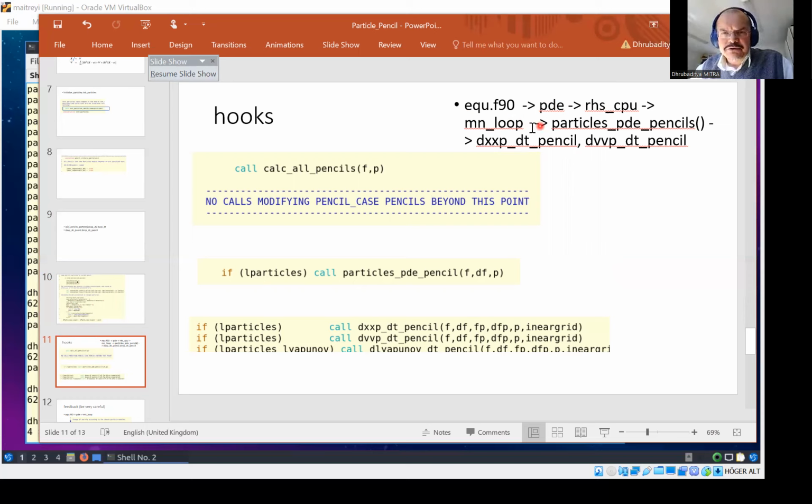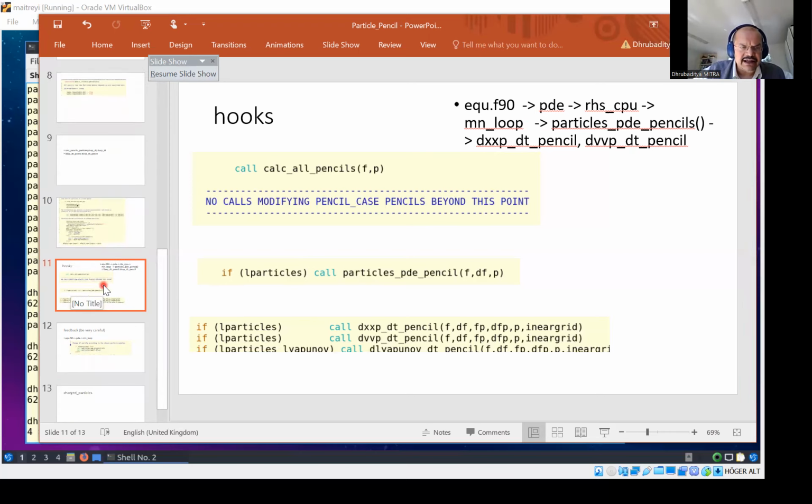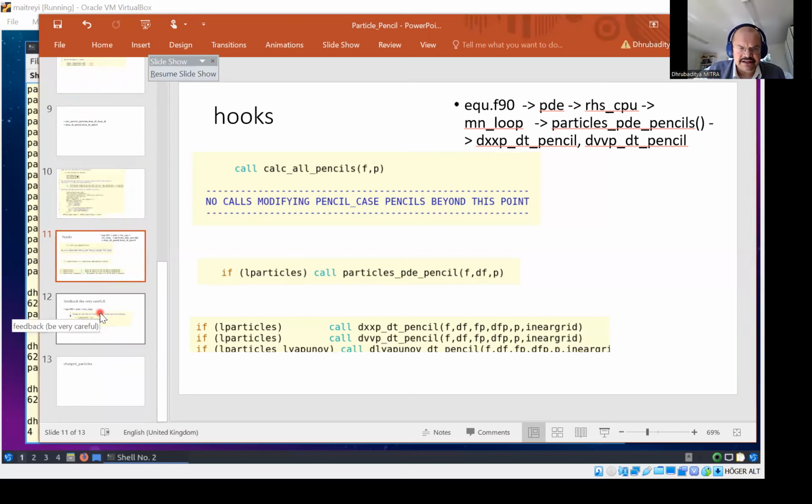Inside the MN loop, you actually solve for every term in your equation, including this thing called particles PDE pencils. The particles PDE pencils call the dxxp dt and dvvp dt, which I have just described to you. So that's where the hooks are, and that's the structure of it.